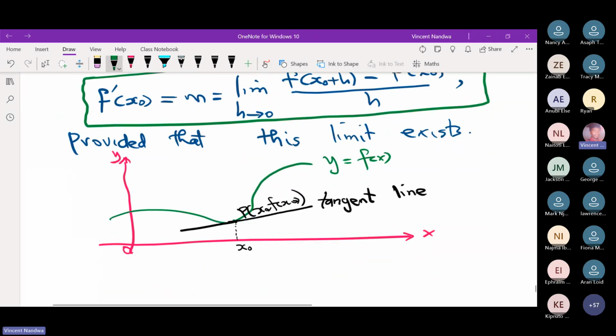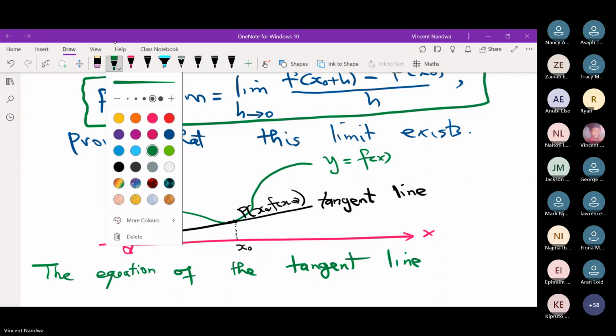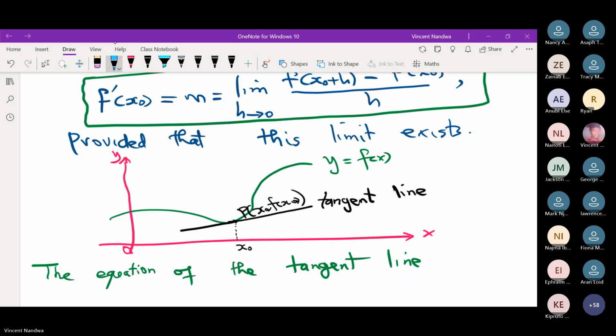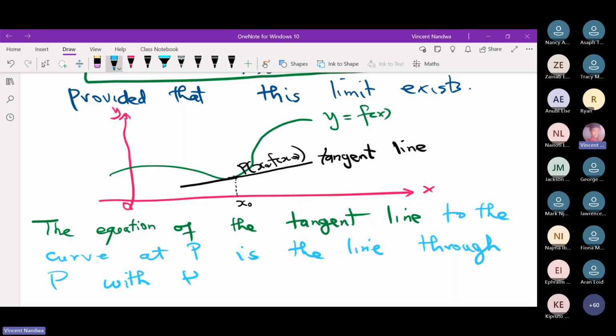So we can say the equation of the tangent line, or simply the tangent, to the curve at P is the line through P with the slope m.